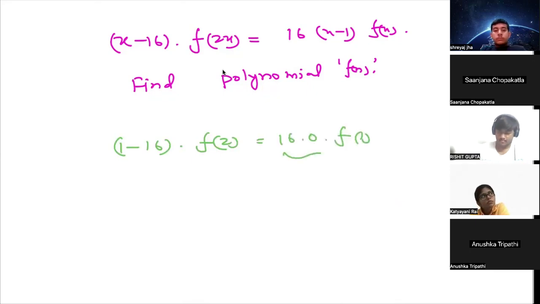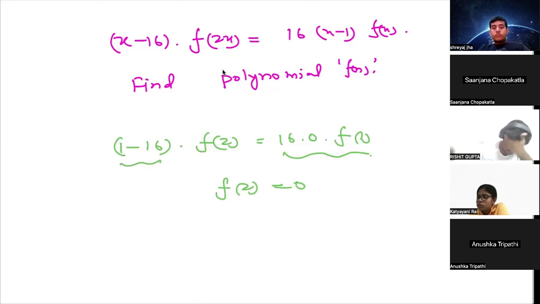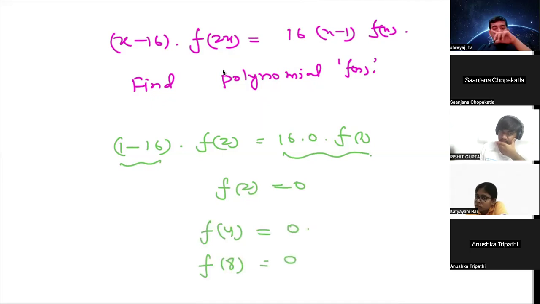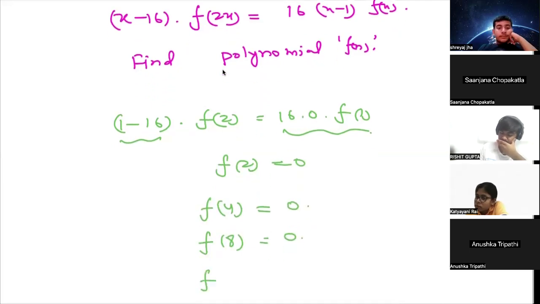So this complete value is 0, and this is not 0, so f2 is equal to 0. If f2 is 0, then f4 is 0. If f4 is 0, then f8 is 0 and f16 is 0, and f16 is given as 0.